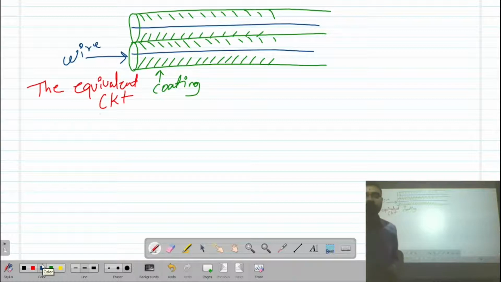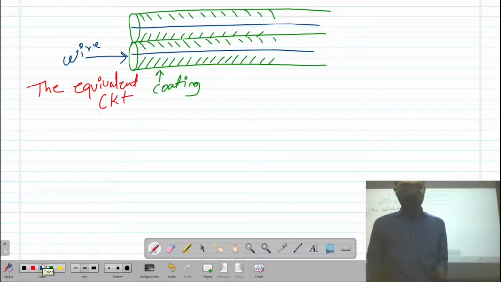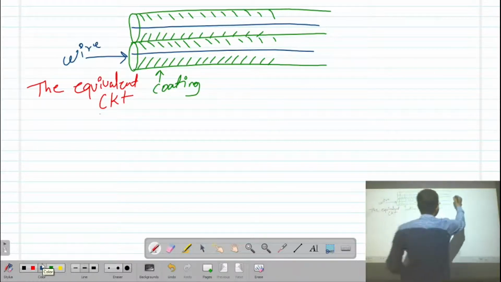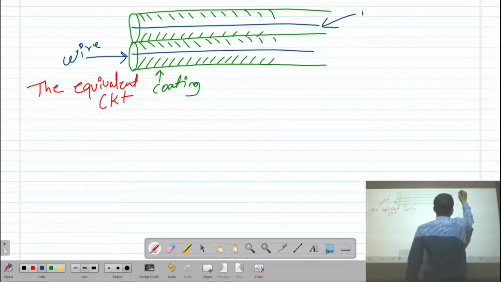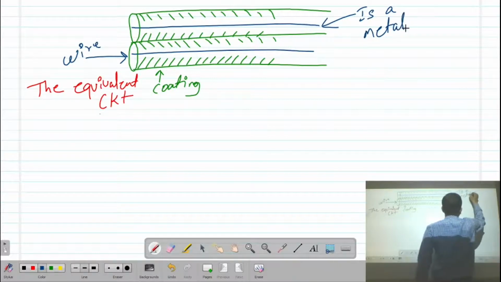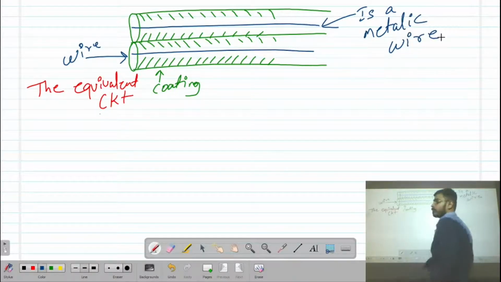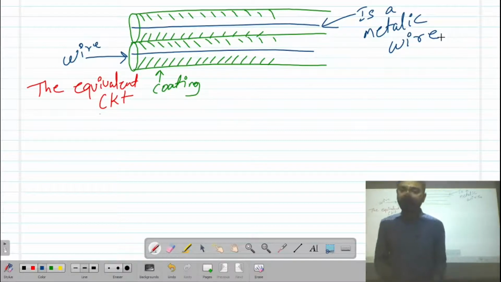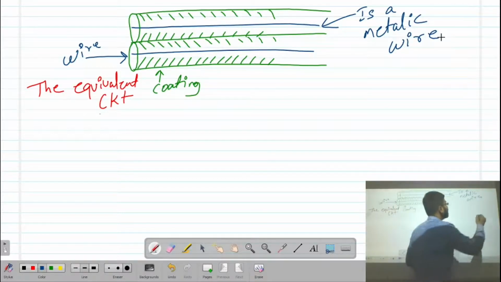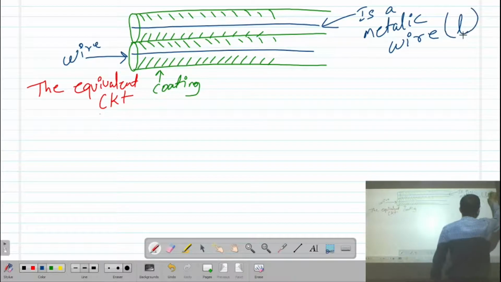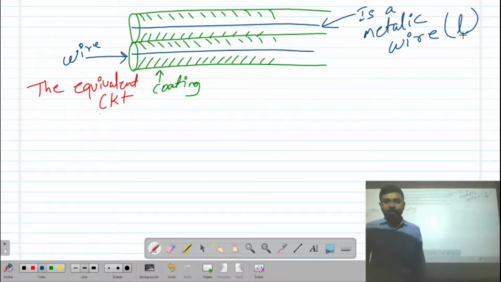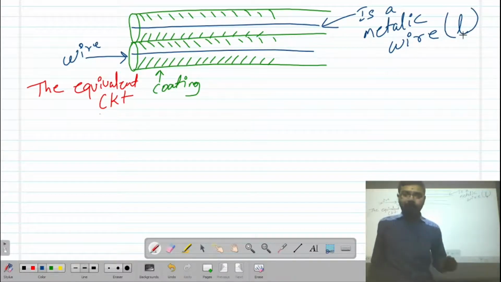The first thing which we have to understand is that this is a metallic wire. If you have a metallic wire of, let us say, length L, then definitely it is going to have a resistance.